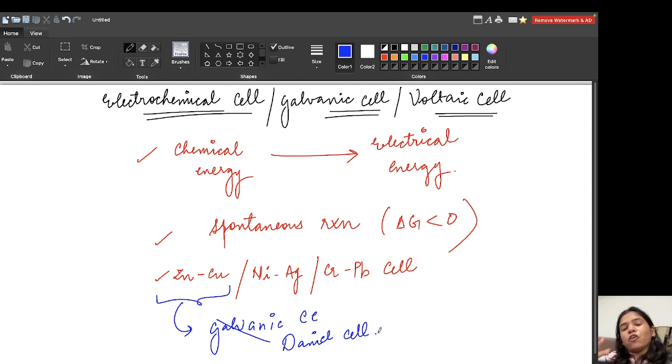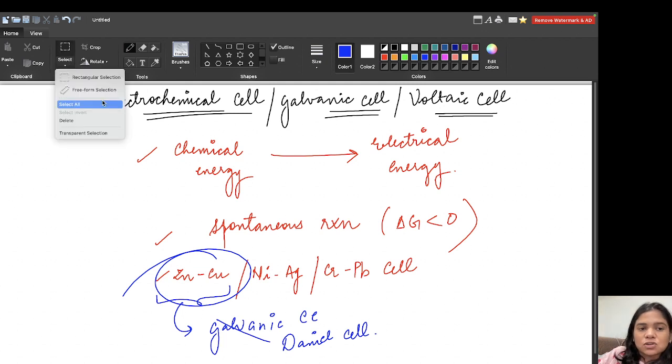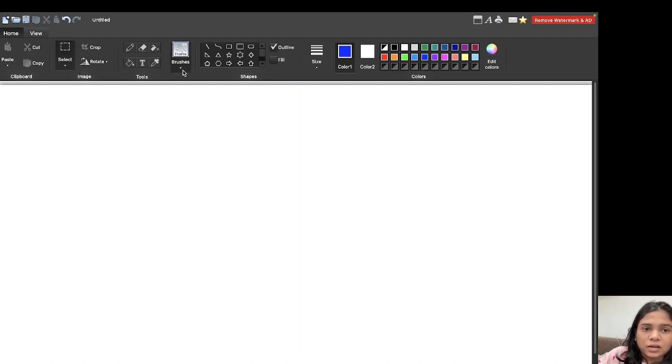The mechanism of all electrochemical cells works spontaneously. I'll take the example of the zinc copper cell, also called the Daniell cell, and study how it actually works.